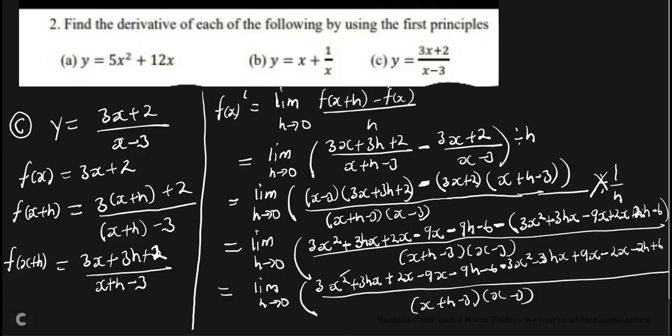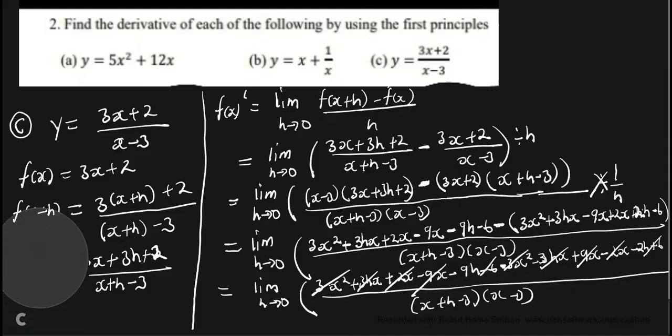Now let's subtract the ones with 3x squared. It will subtract, this 3hx and this one will subtract. Then we have 2x and 2x, then 9x and 9x, then 6 and 6. The only things that remain are negative 9h minus 2h.